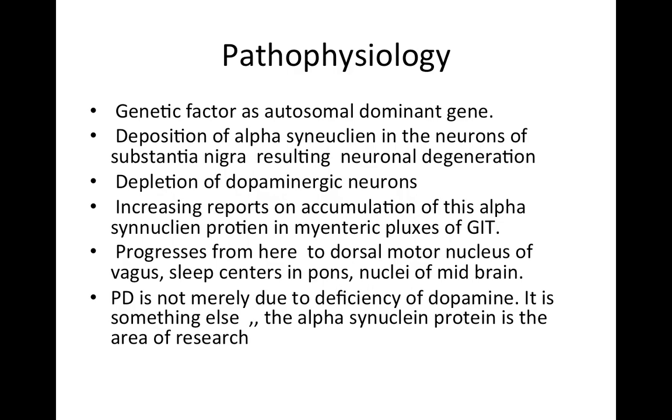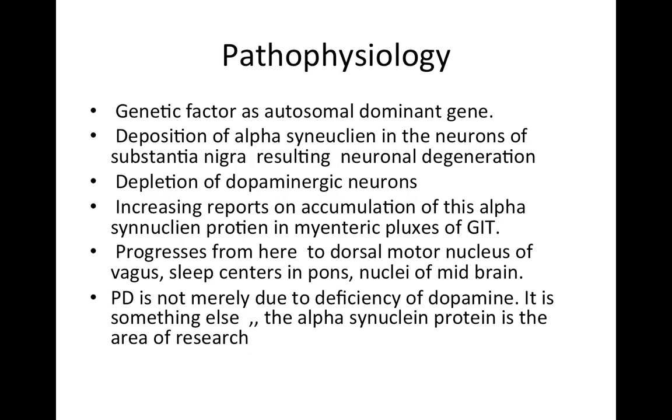So then a circulation of the dominant gene in certain of the races in the world, confirming the genetic factors in the form of the autosomal dominant gene as the cause for this particular disorder. There is a deposition of alpha-synuclein in the neurons of the substantia nigra, subsequently resulting in neuronal degeneration, thereby depleting the dopaminergic neurons.